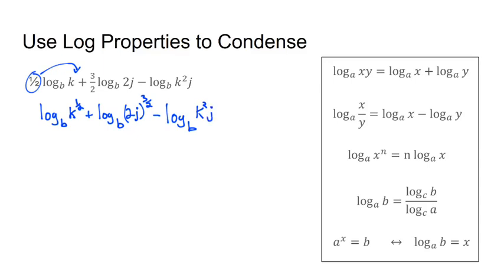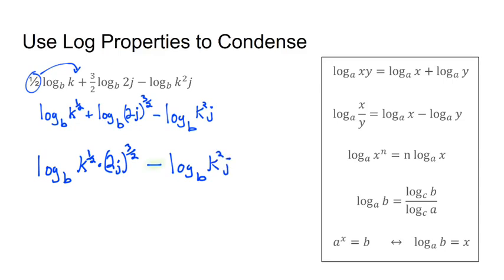Now, let's deal with our addition, and then we'll deal with our subtraction. We're going to deal with this from left to right. So I have log base b of k to the 1/2 times 2j to the 3/2. And I'm going to subtract log base b of k squared j.